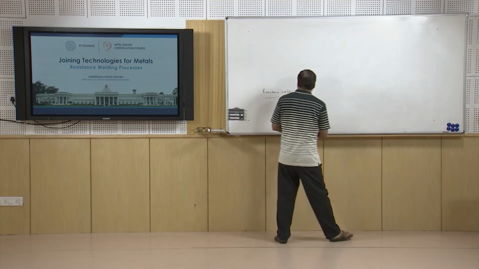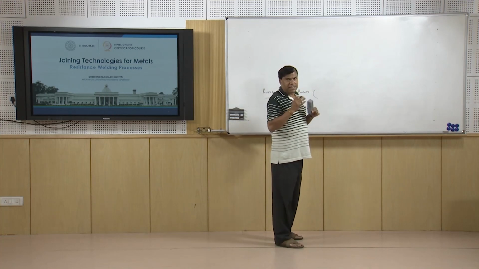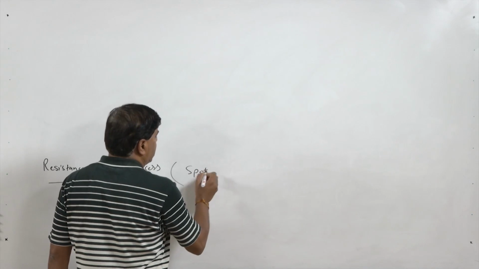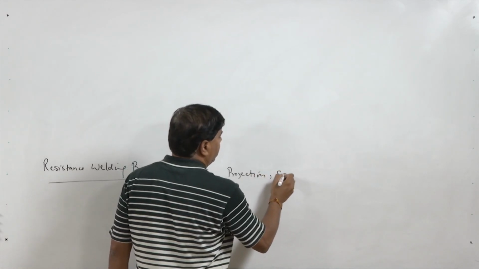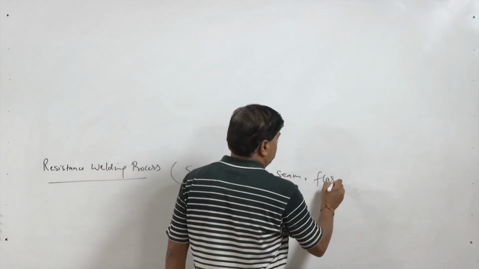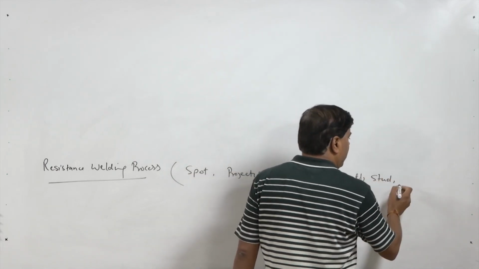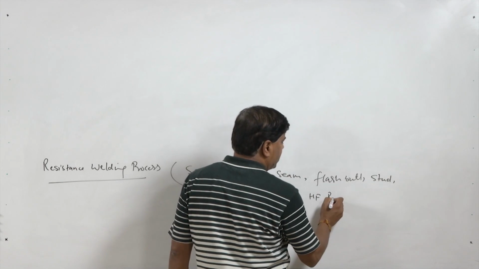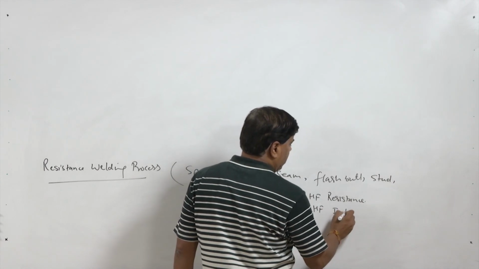Resistance welding processes are basically a group of processes. In all those processes, electrical resistance heating is involved in developing the weld joint, and these are commonly known as spot welding, projection welding, seam welding, flash butt welding, stud welding, and then there is high frequency resistance welding and high frequency induction welding.